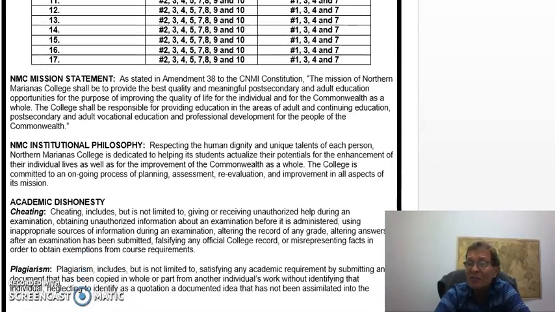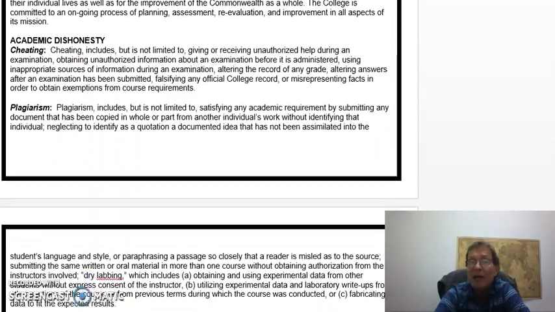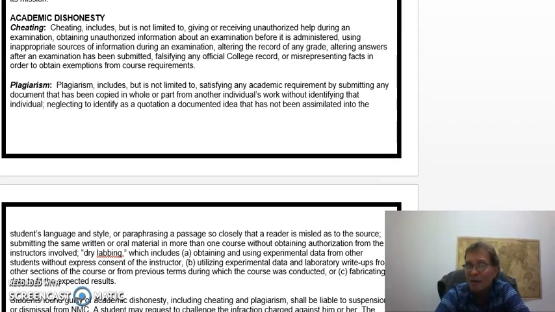Academic dishonesty is a very serious topic here at NMC. Don't cheat. Don't plagiarize. It's not a good idea. By the time you take SO 297, the capstone course for the AA degree, you're going to have to cite properly when you do that research paper. Where are you getting your information from?